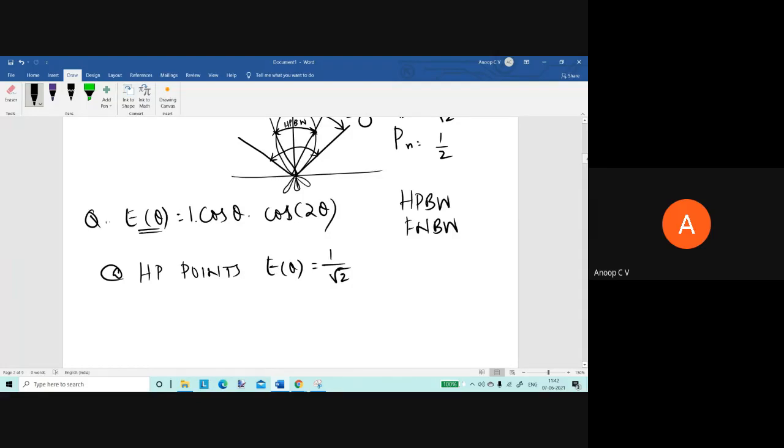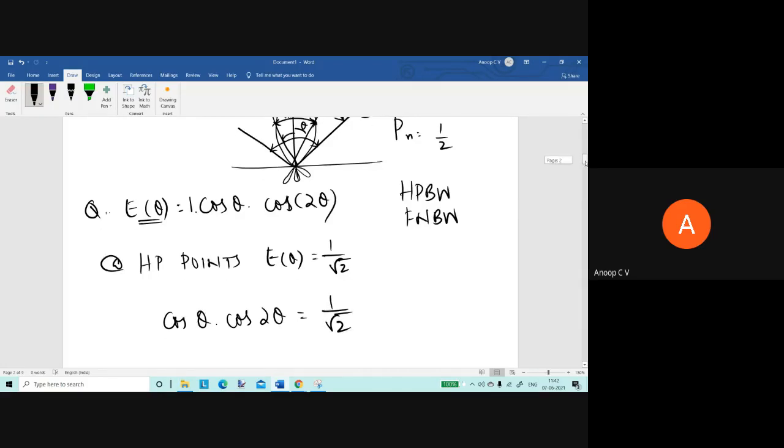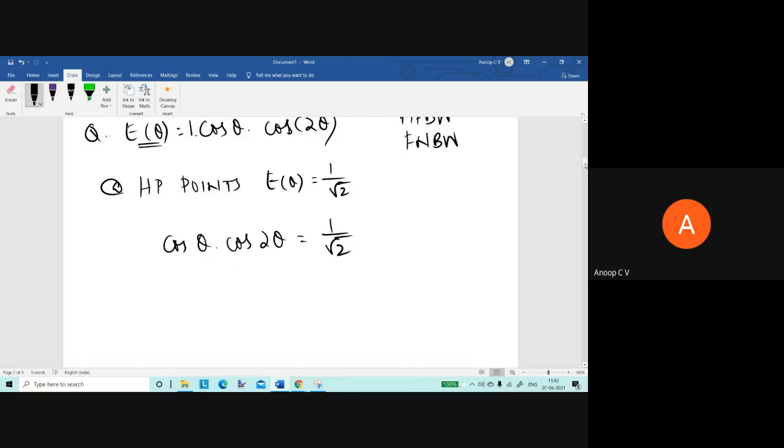So I should find this theta, and twice that theta will be the half power beamwidth, right? For that I should equate cos theta times cos 2 theta equal to 1 by root 2. This is the equation you have to solve for theta.